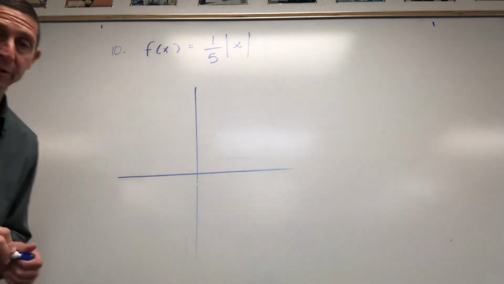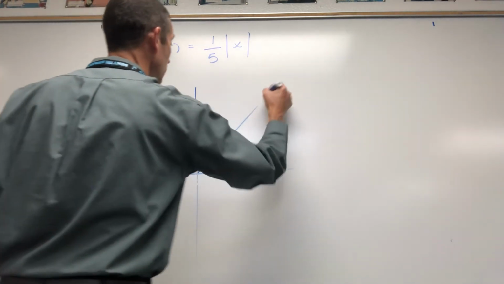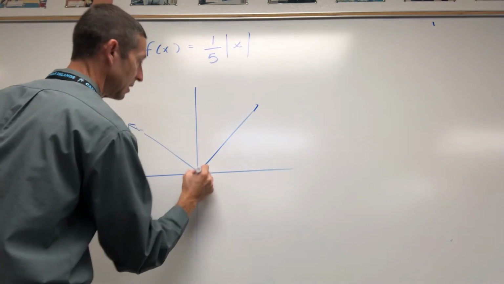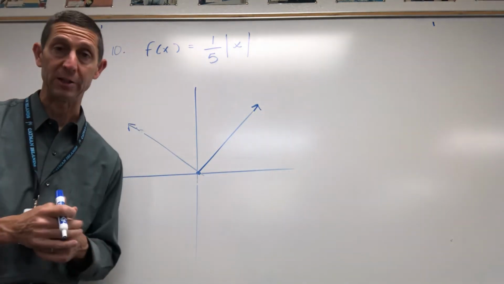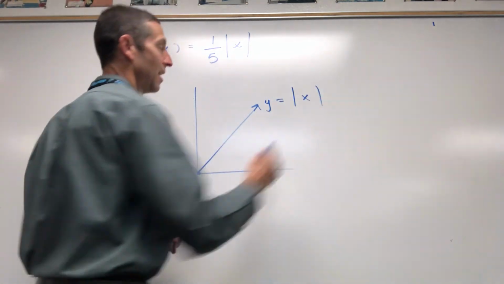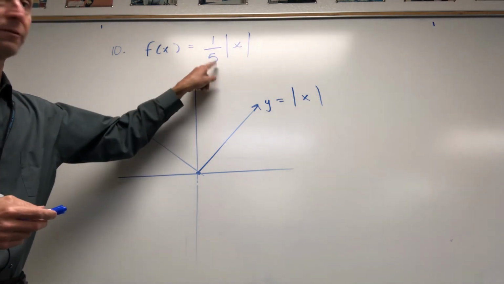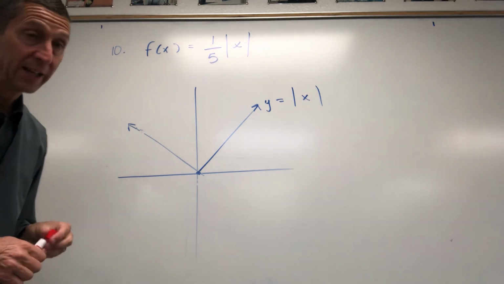All right, parent function is just your absolute value of x. So you have this one, this one. So you got your absolute value graph, kind of that V formation. This is your parent function, absolute value of x. We have to run the 1/5 in there, and that definitely changes it.